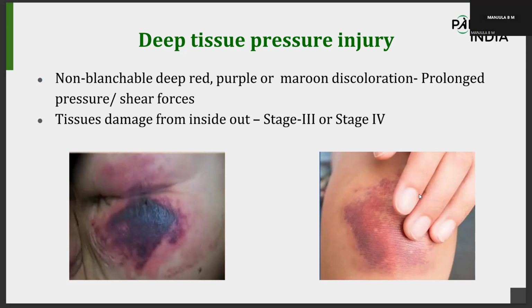Partial thickness skin loss, exactly. In the third stage, full thickness ulcer, sometimes with a blister, and there is tunneling. Fourth is deep tissue affected along with muscles or bones. Fifth stage is eschar, and sixth is deep tissue pressure injury. These are the 6 stages of pressure ulcers.